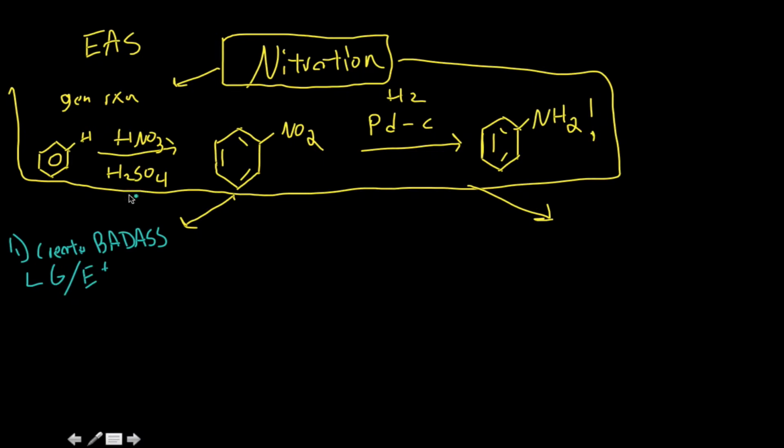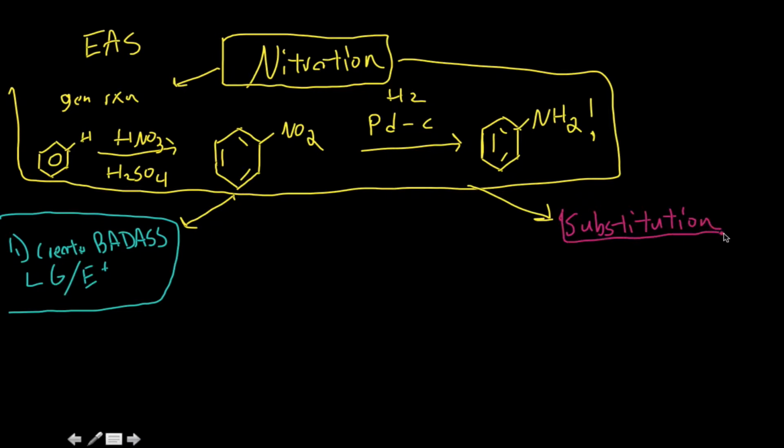HNO3 and H2SO4. I'm just going to label this thing here, and then we'll talk about the second step next. But the second step after we create that leaving group is the generalized substitution reaction. And I'm only going to have room for one of these, so I'm just going to draw out the creating of the leaving group first.